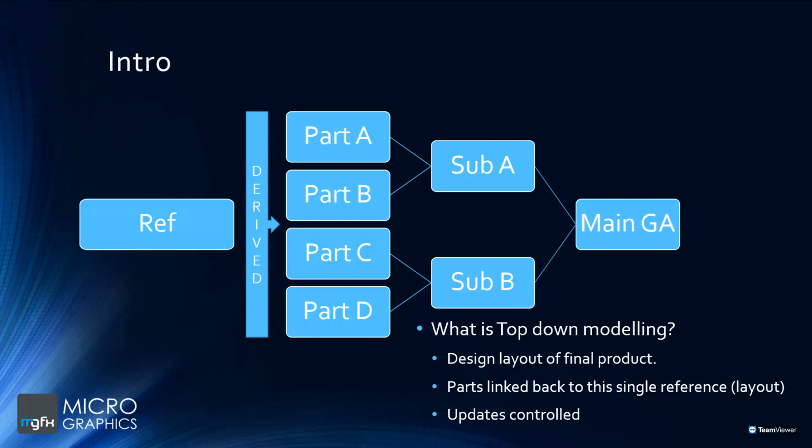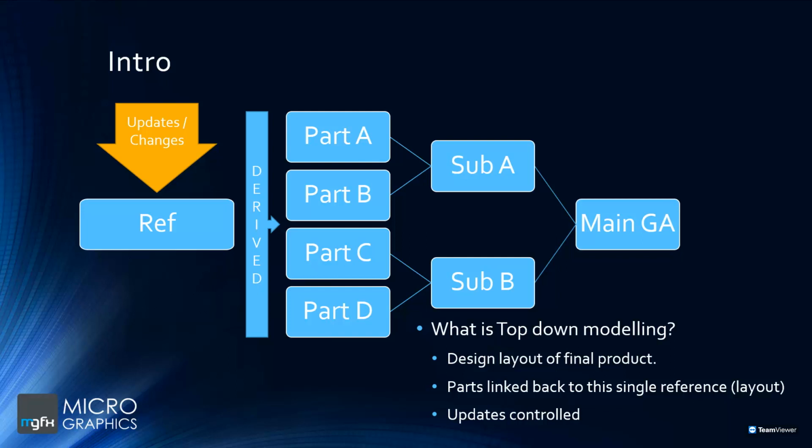Now, if you need to make any updates to this, those updates are made at the reference level. So you would go back to the reference. Let's say you're changing layout, the position of certain components that are driven by the reference. You go back to the reference and you update the reference.